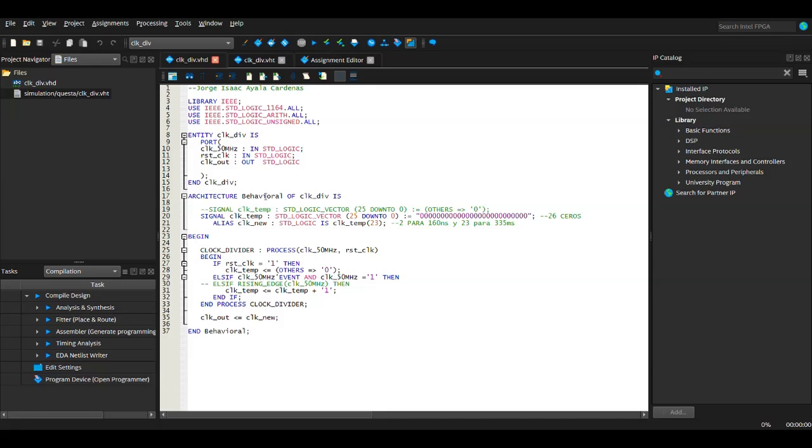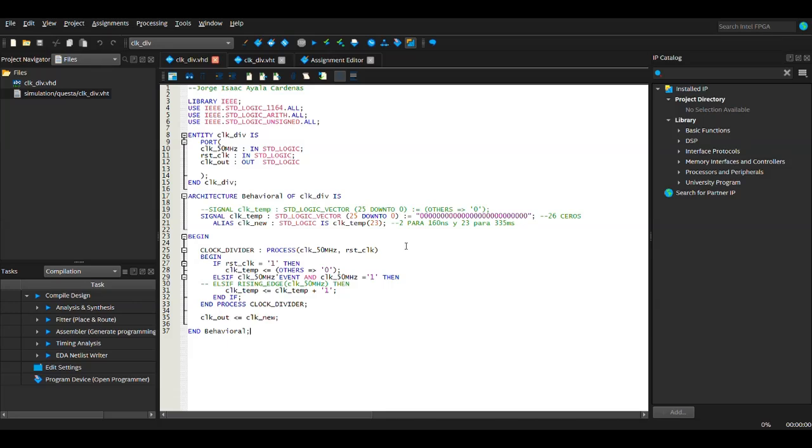Inside the architecture, we created a 26-bit signal called clock temp, which works as a binary counter. Every time there's a rising edge of the input clock, the counter increases by 1, taking one specific bit from this counter, in this case bit 23, to get a much lower output signal.